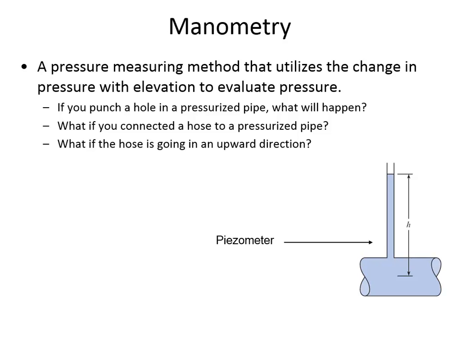And so the height that it rises to is going to be pressure divided by gamma, because delta P is delta H times gamma, so delta H is going to be delta P divided by gamma. And so a piezometer is a way of measuring pressure.